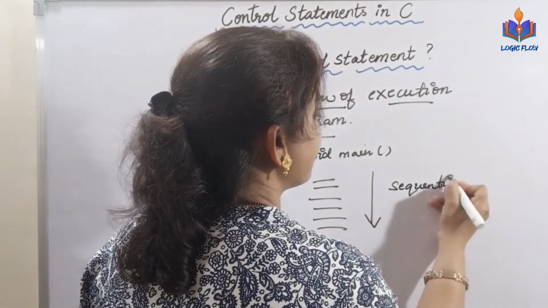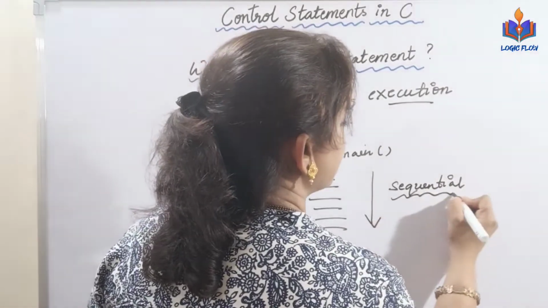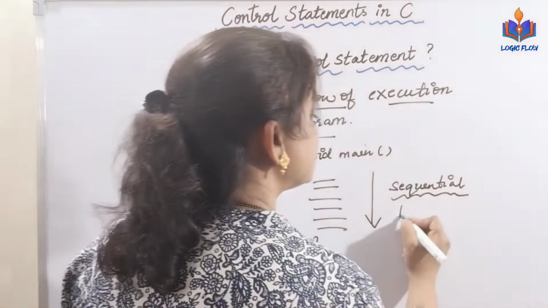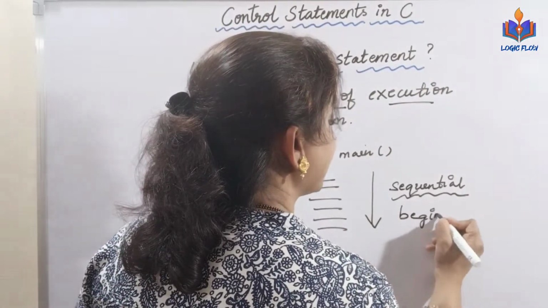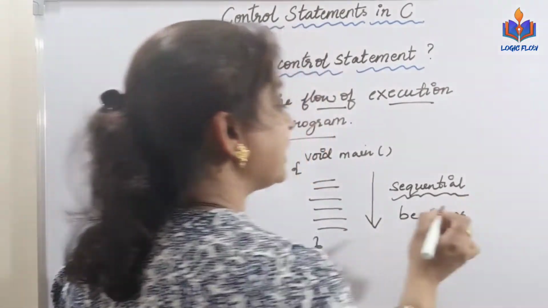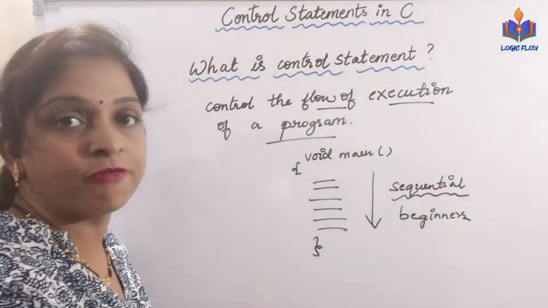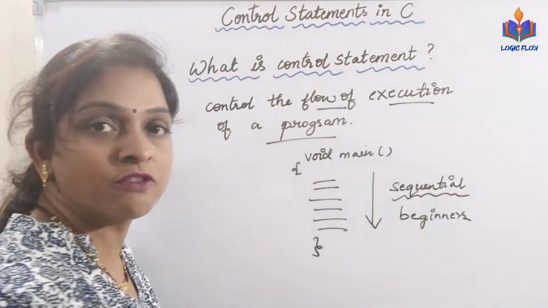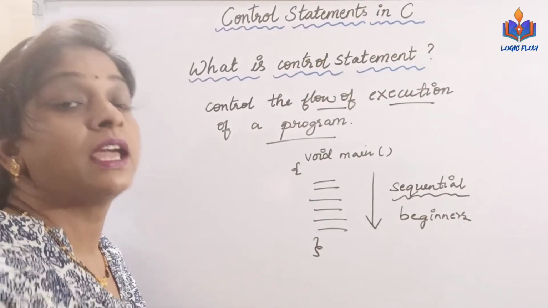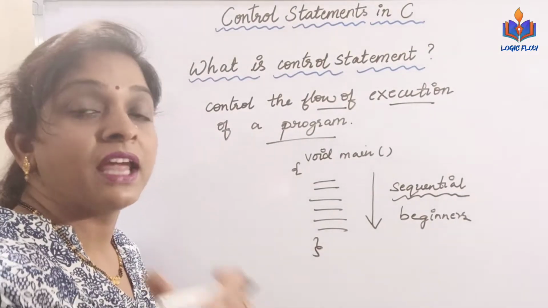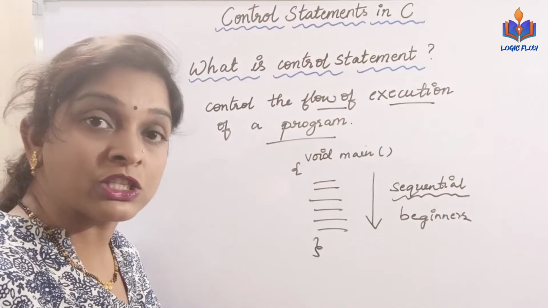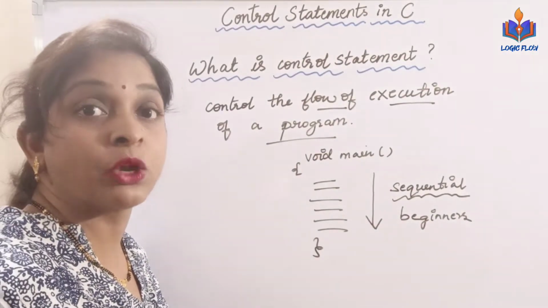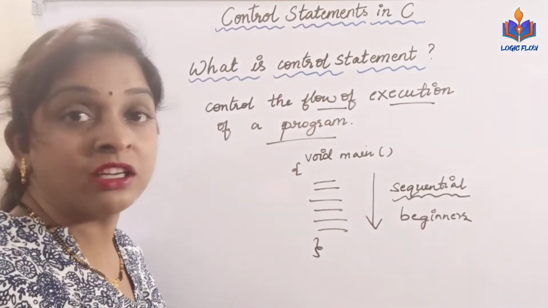So this is the first type of structure that we have used already, which is used by beginners, I can say. Beginners usually opt for this kind of programming. They dump all the statements in the main function and we have a sequential flow of execution of the statements. Skipping any statements, executing statements based on the evaluation of some condition, executing statements repeatedly, all these things we can't do.